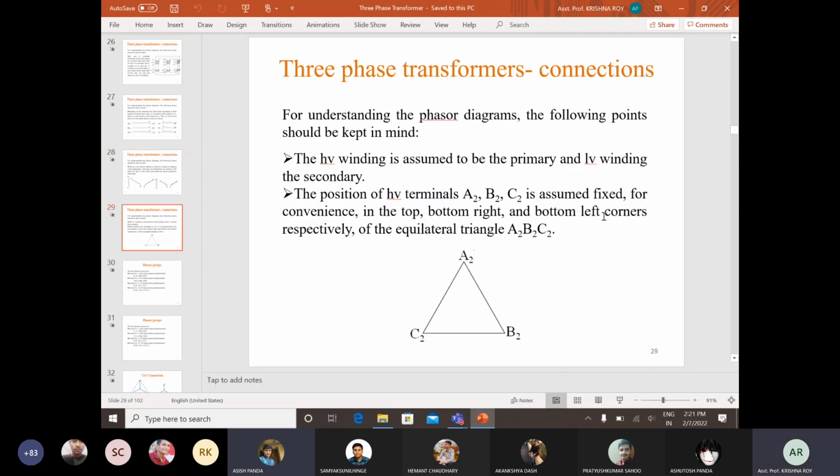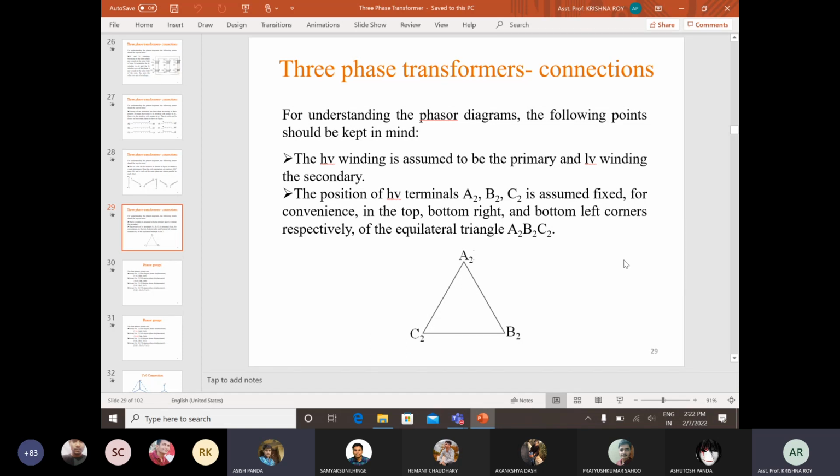High voltage side winding will be assumed as the primary winding and low voltage side as the secondary winding, and the position of high voltage terminals A2, B2, C2 remains fixed, and they will lie in the top, bottom right and bottom left corners respectively of some equilateral triangle. Okay, A2, B2, C2.